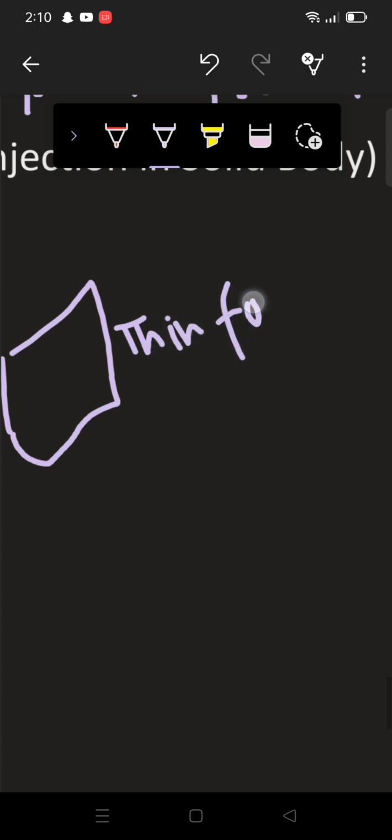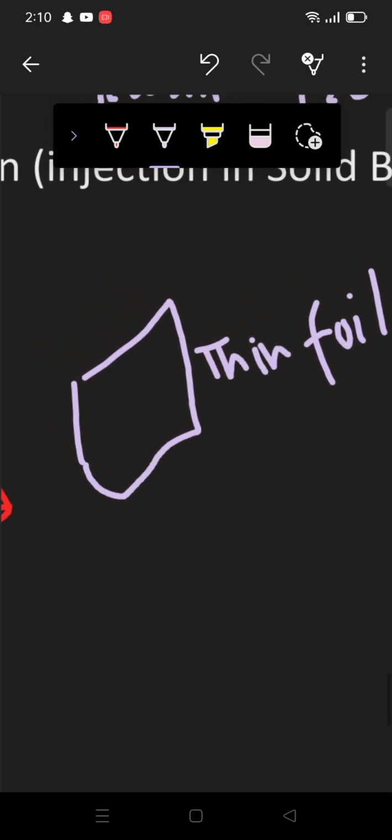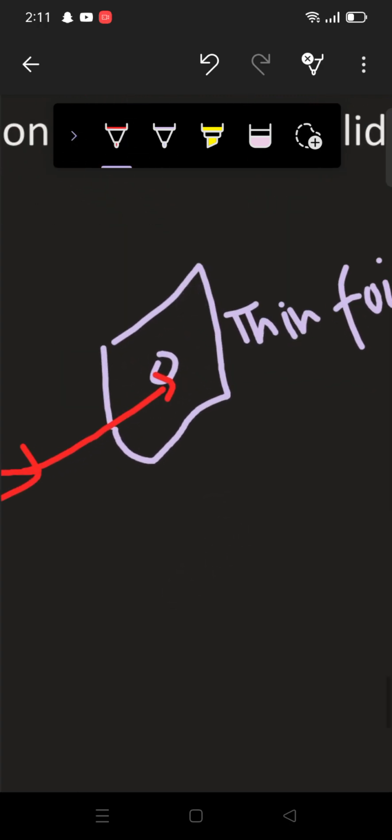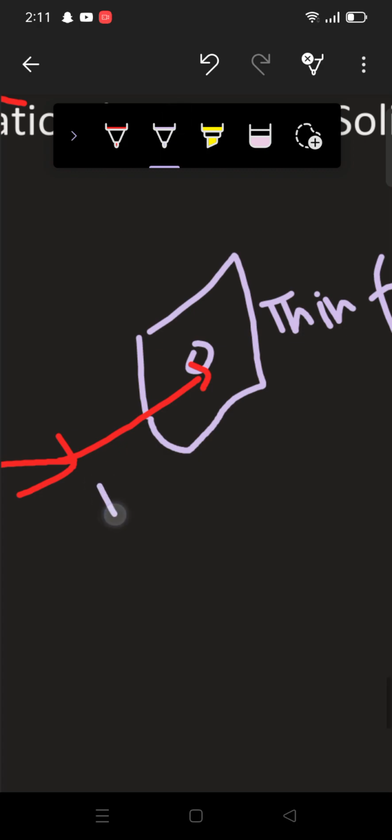Now the particles inside, when this cathode ray hits these particles, they are going to transfer the momentum, plus they are going to transfer the kinetic energy too, right?